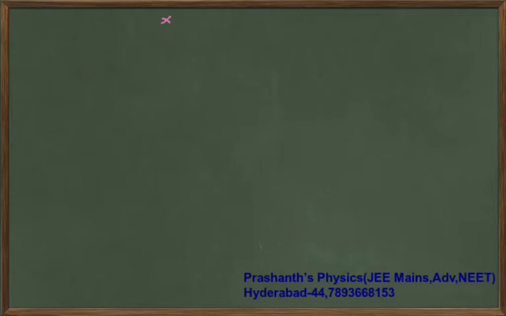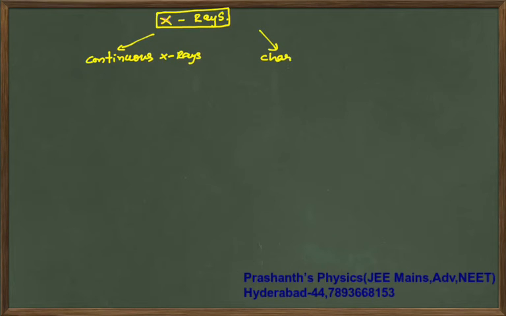Now we will be continuing from where we left off in X-rays. I told you in the previous lecture that there are two kinds of X-rays: continuous X-rays and characteristic X-rays.